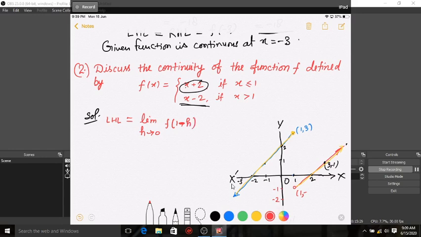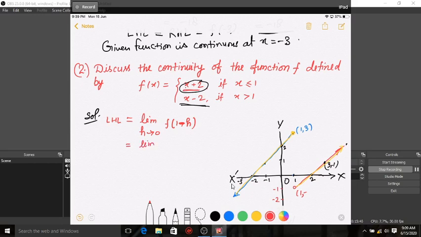On the left hand side it is 1 minus h. We are going to discuss the continuity of this function at x equal to 1. So 1 minus h means this value is less than 1, so we can use the expression x plus 2.